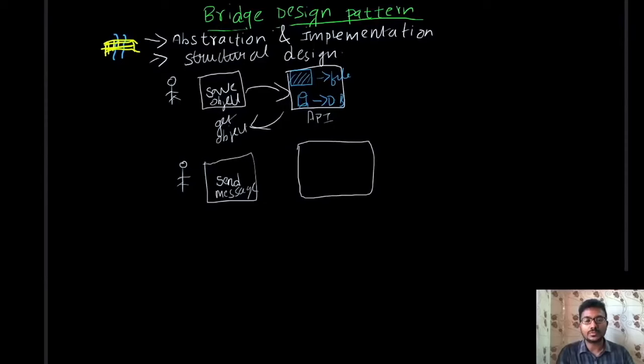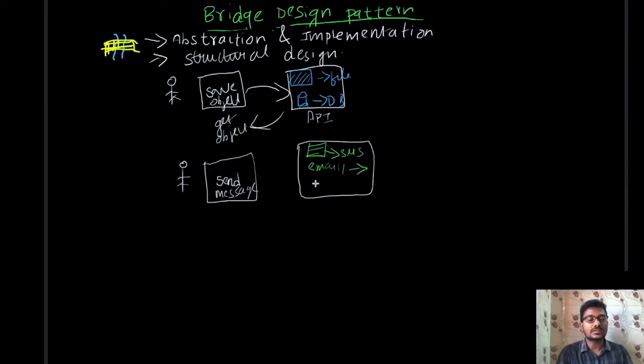For example, if the end customer uses mobile, then when you click on send message, the SMS would be sent to the client. If the end customer uses email, then this triggering button would send the email to the end client.